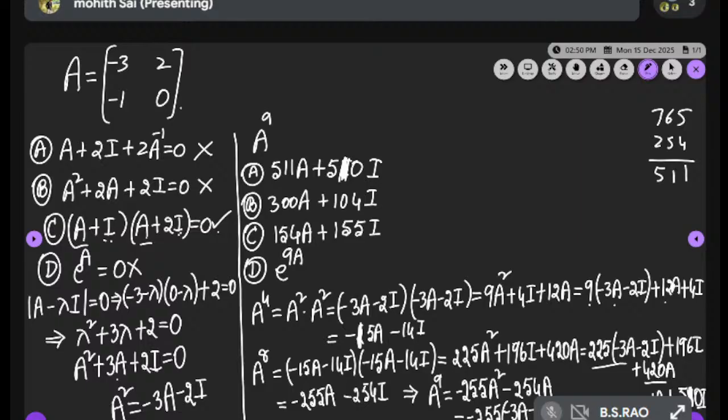So option A is the answer. We have not done anything other than apply the Cayley-Hamilton theorem and do simple multiplication.